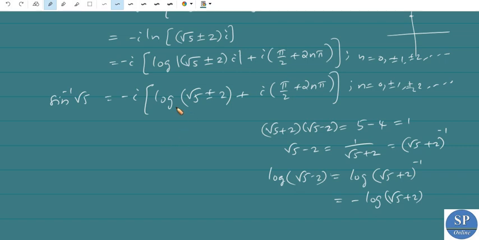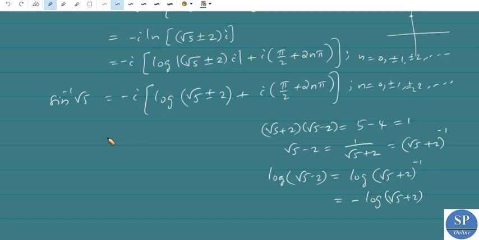That means here it is actually log of root 5 plus 2 or log of root 5 minus 2. But log of root 5 minus 2 can be written as negative log of root 5 plus 2. Clear? So here we can use a plus or minus.